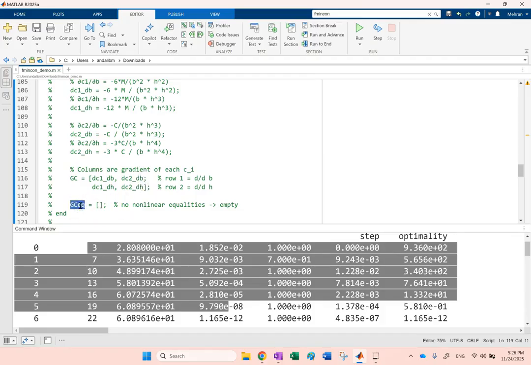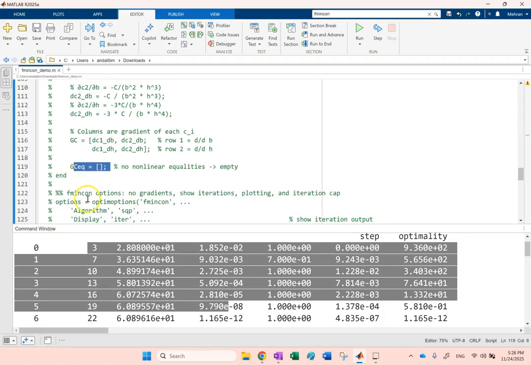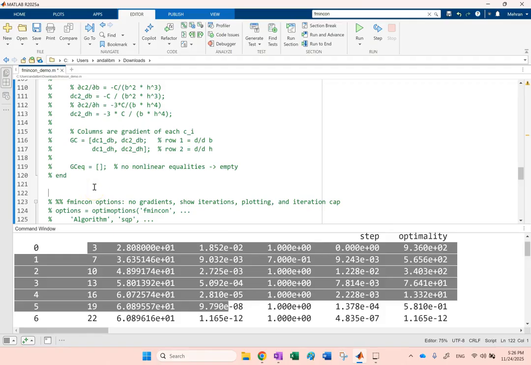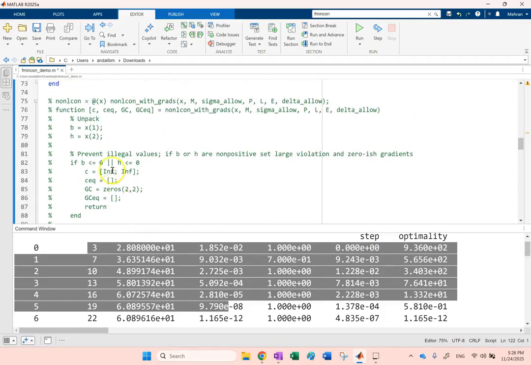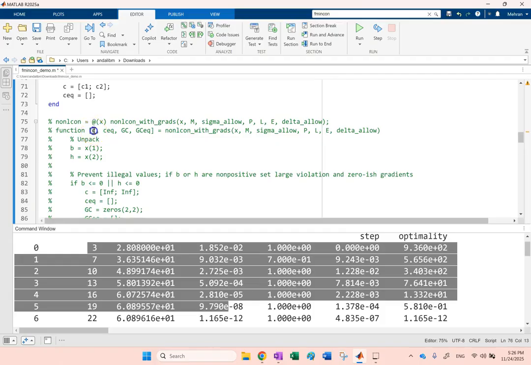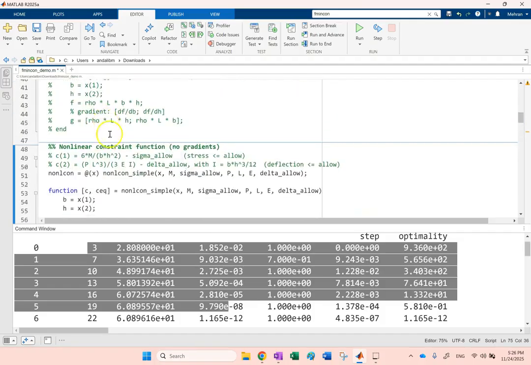And for C equal, it doesn't exist, so the gradient of that also doesn't exist. You see that? So clearly, you see that this function not only returns for you C and C equal, it also returns the gradient of C and the gradient of the C equal. And you have to write this big of a function for it so it can be used.